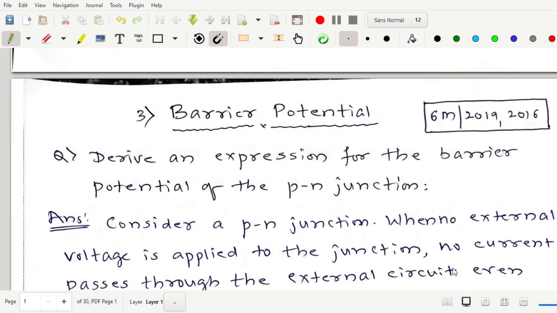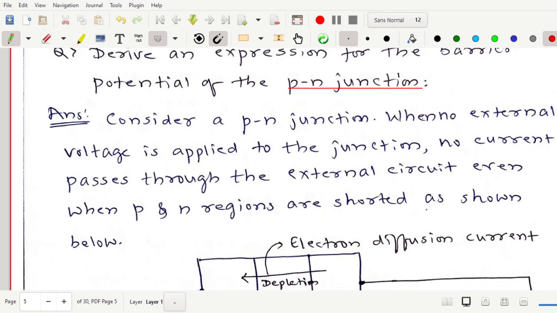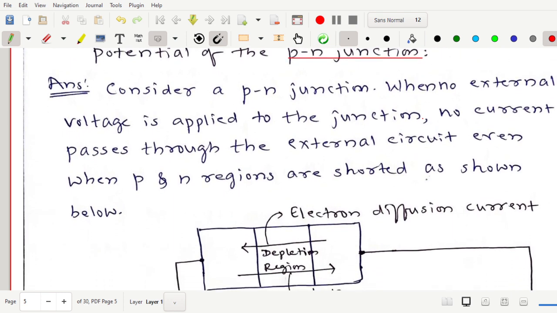Now coming to today's lecture, barrier potential. The question on this can be, derive an expression for the barrier potential of the PN junction. So again, for that, consider a PN junction when no external voltage is applied.